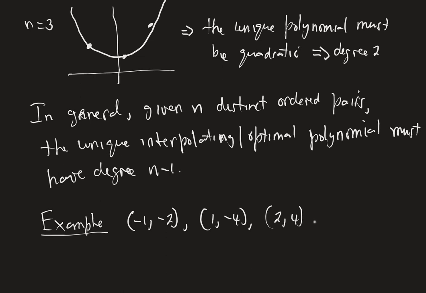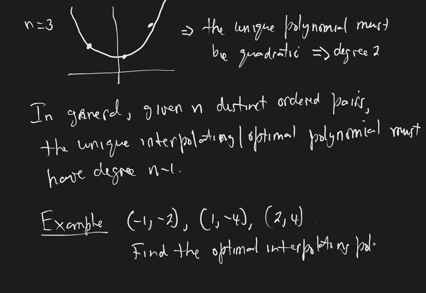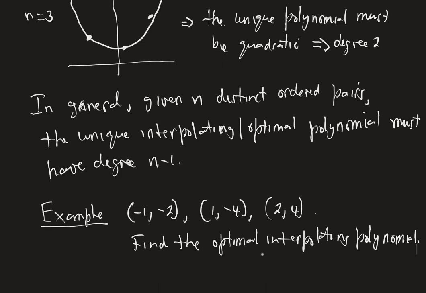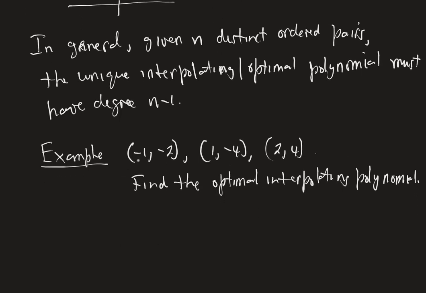So our instructions would read something like: find the optimal interpolating polynomial that interpolates these points. Okay, that's our goal. So we know since 3 ordered pairs are given, since n equals 3, the polynomial must be quadratic.